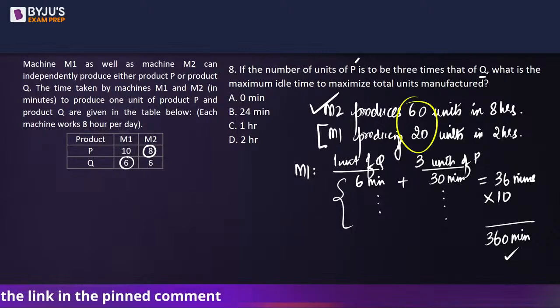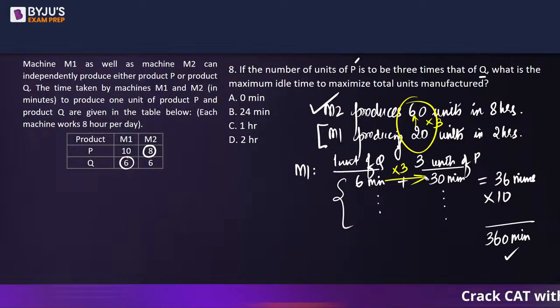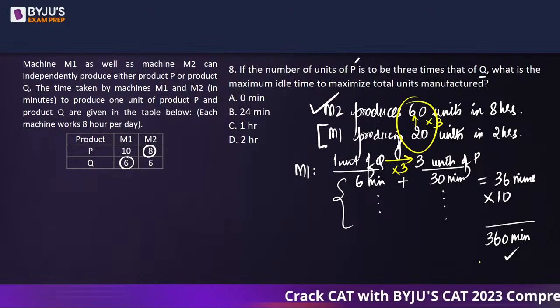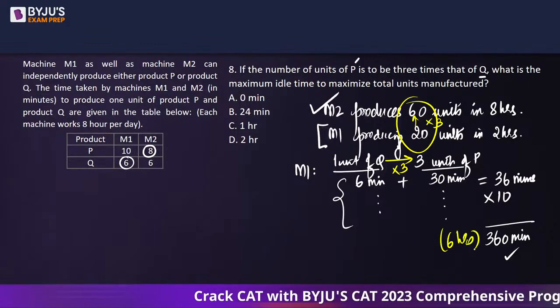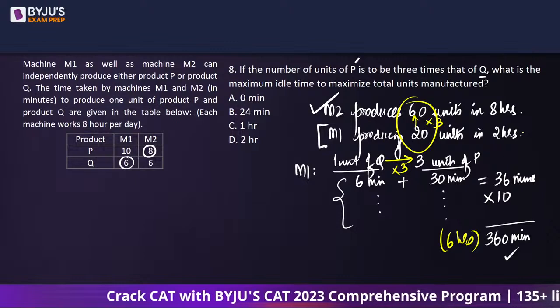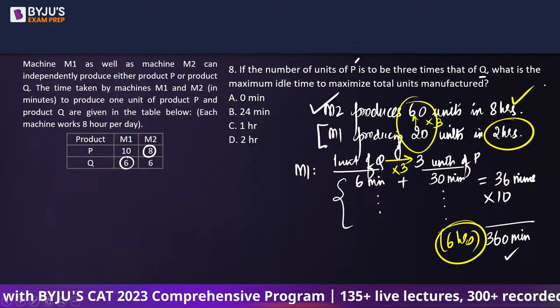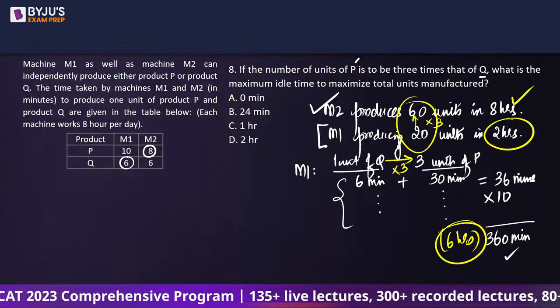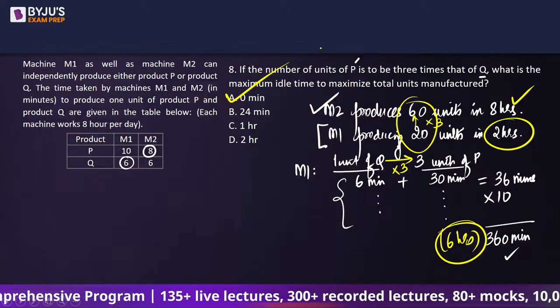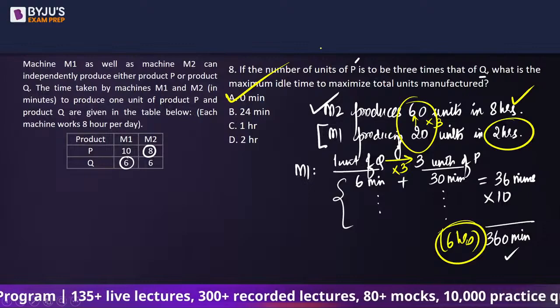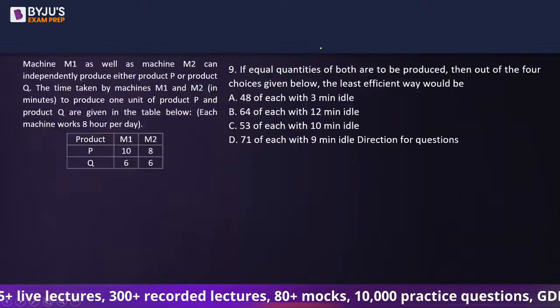Because this was already 3 times, and here also this is 3 times. Actually, I mean the arrow above this one. So there is no duration or minute left, because M1 utilizes 2 hours earlier and 6 hours later on, that's 8 hours, and M2 has already utilized its entire day of operation. So there is not a single minute that was left idle for the machines. So the answer is supposed to be A.